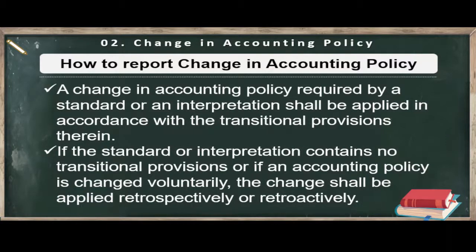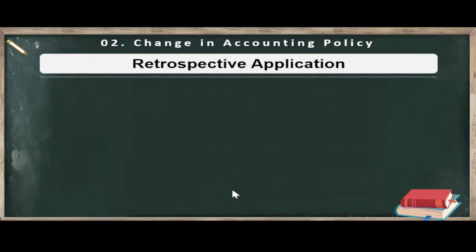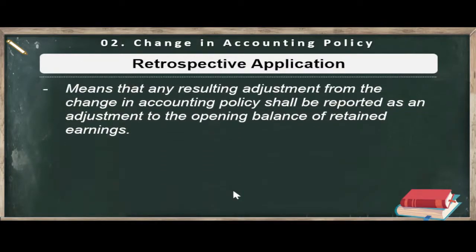If the standard or interpretation contains no transitional provisions, meaning there are no rules in the standard itself, or if an accounting policy is changed voluntarily, the change shall be applied retrospectively or retroactively. What do we mean by retrospective or retroactive application?